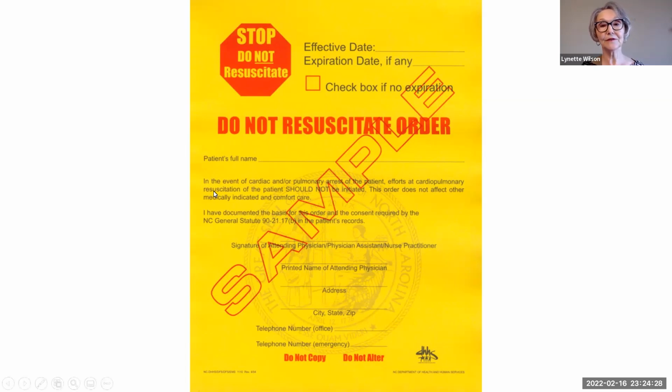It has the effective date, if there's any expiration date, and in most cases there's not, the patient's full name, the signature of the physician, physician assistant, or nurse practitioner who's actually giving this order, their printed name, address, and information on how to contact that medical care provider.